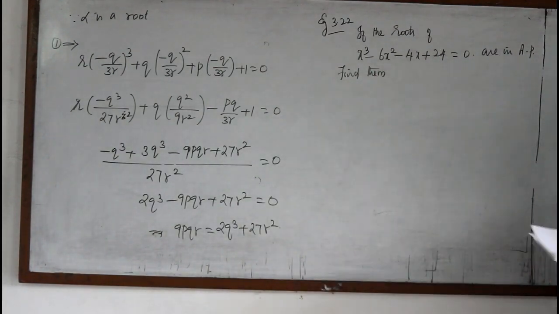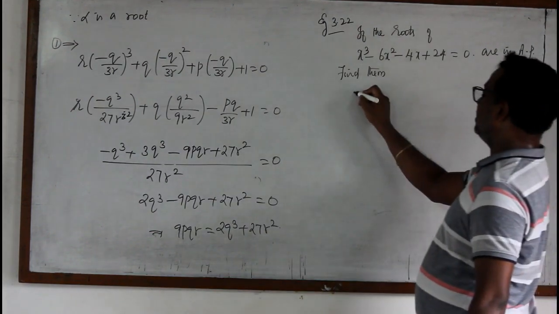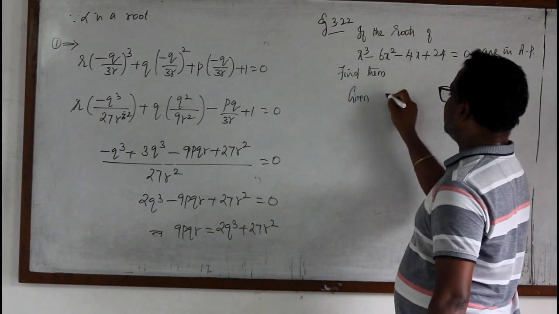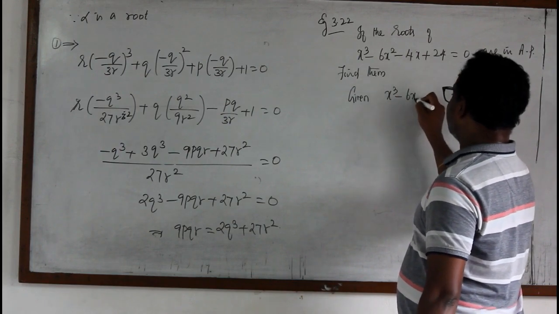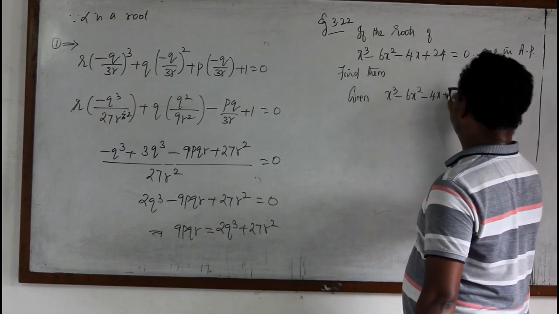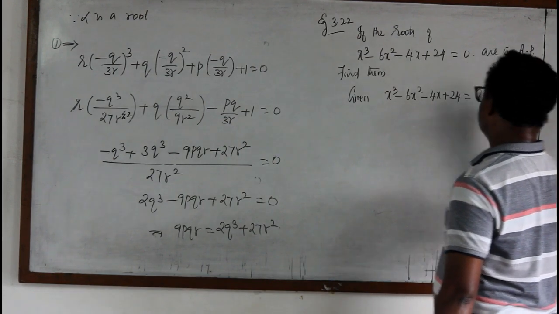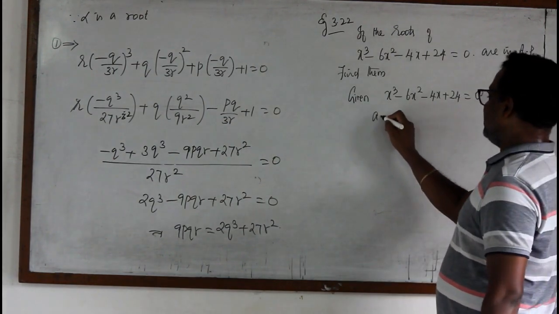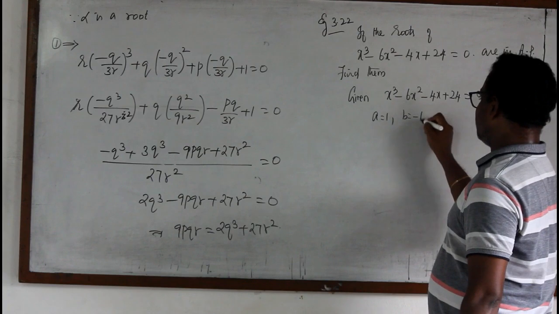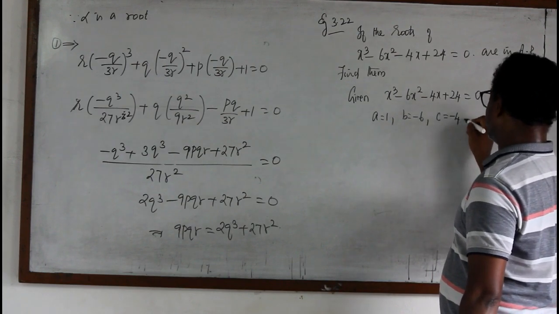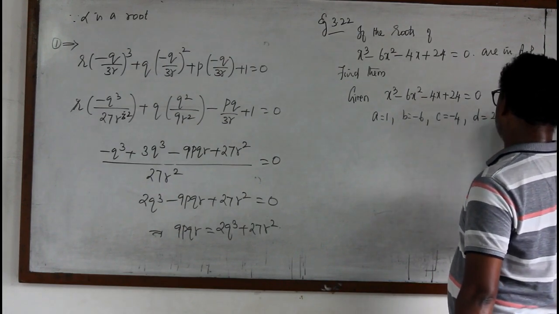Given the cubic equation has roots in AP, we have to find the roots. Here a equal to 1, b equal to minus 6, c equal to minus 4, d equal to 24.